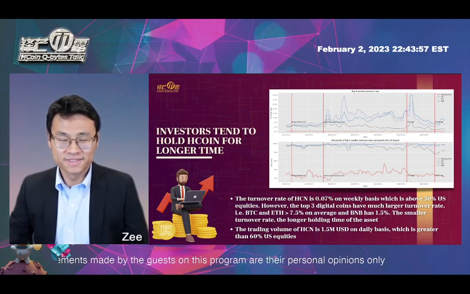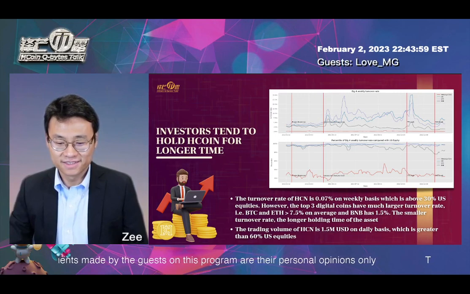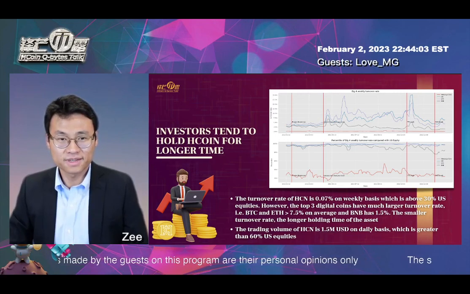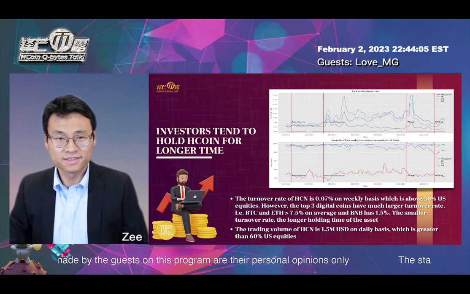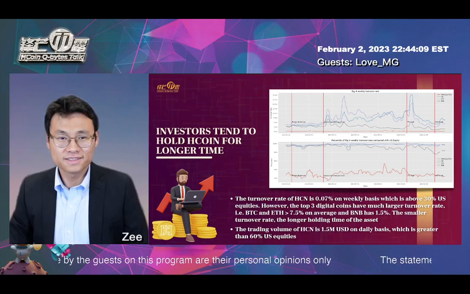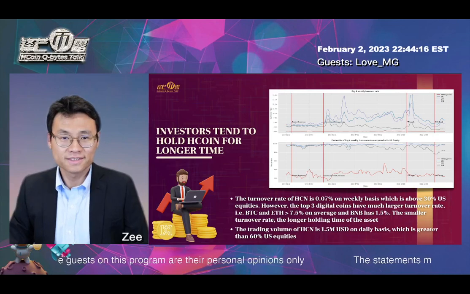Yeah, good to see you. Thank you to the other guest for talking about the Gettr coin. In my opinion, either Gettr coin or HCoin serves as an alternative to the fiat currency.